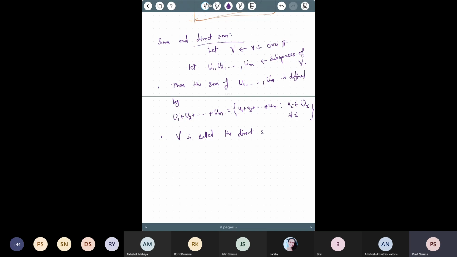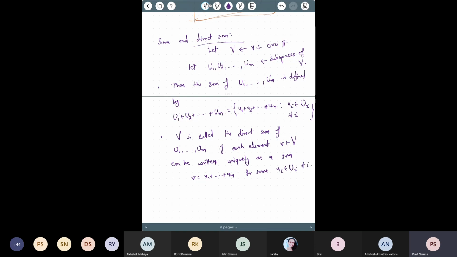This is called the direct sum of u1 to um if each element, let's say v in the vector space V, can be written uniquely as a sum, let's say v equals u1 plus to um, for some ui belonging to capital Ui for all i.